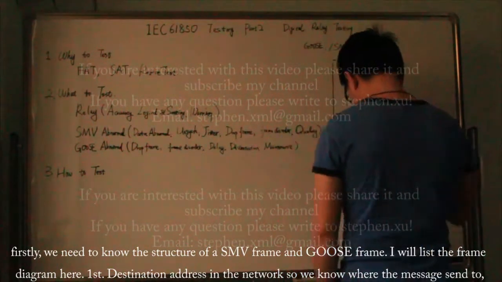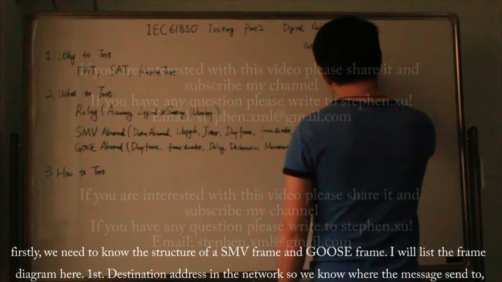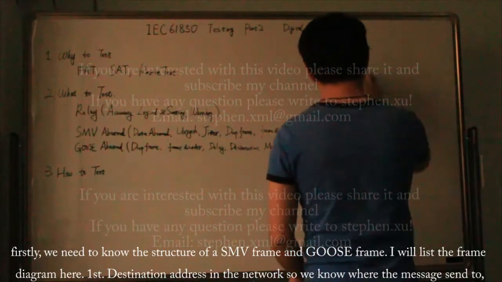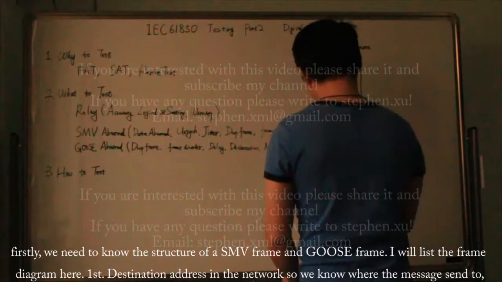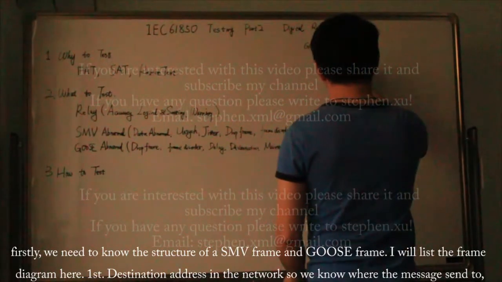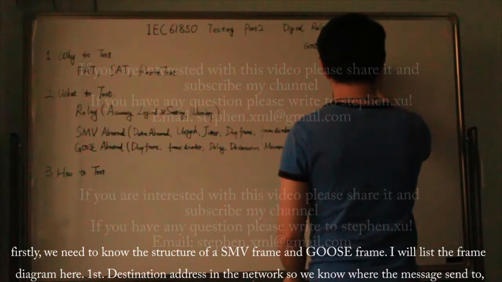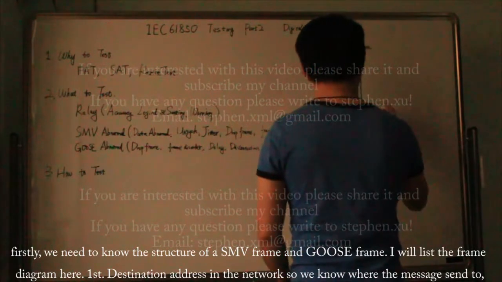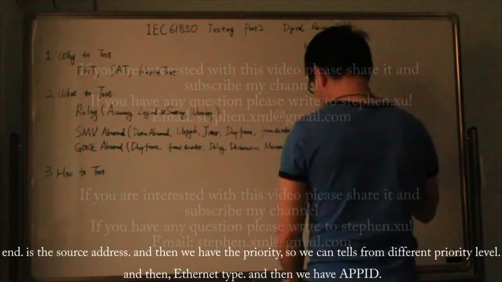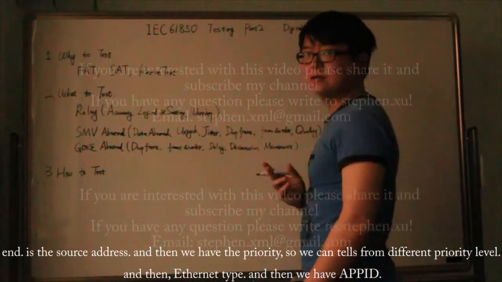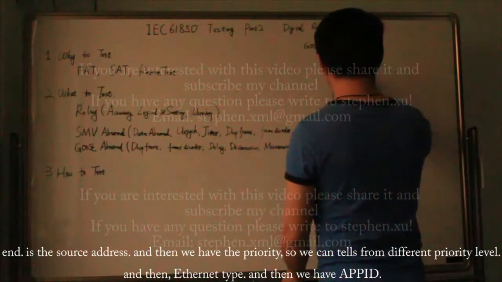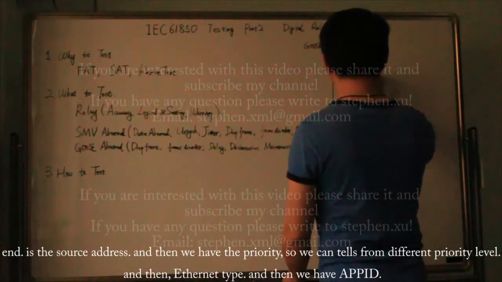Firstly, it must have the destination address in the network, so it knows where the frame is sent to. And second, we need the source address.